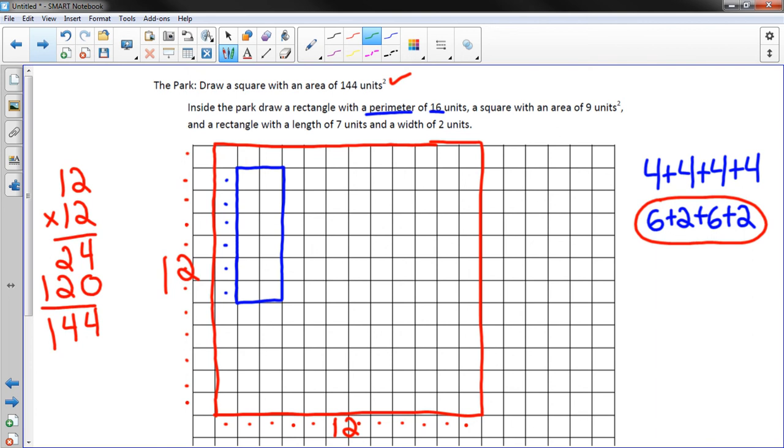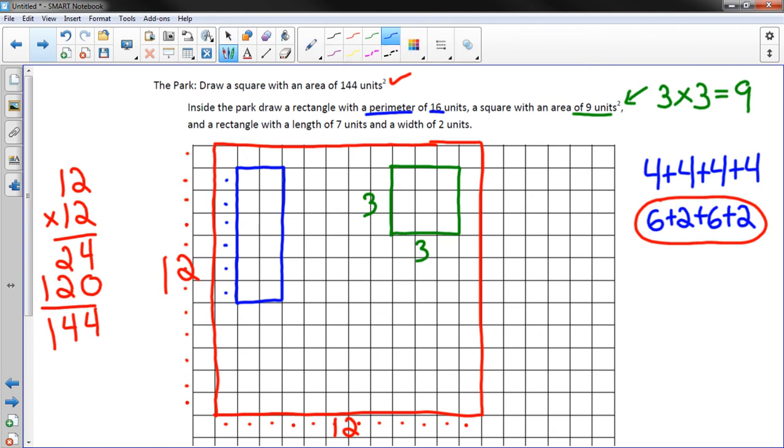I need to draw a square with an area of 9 units. Alright, so 3 times 3, I know that's 9. Guess I'll put that over here. Three times 3, inside of that is 9.